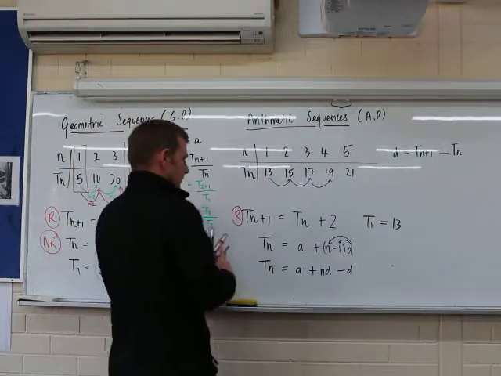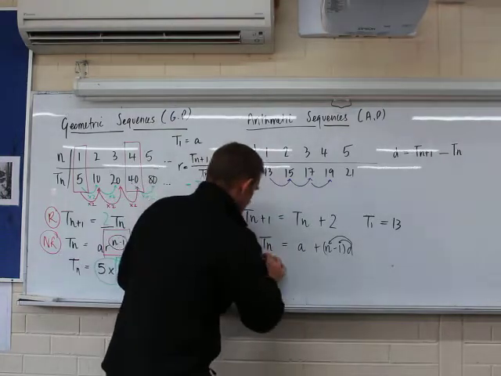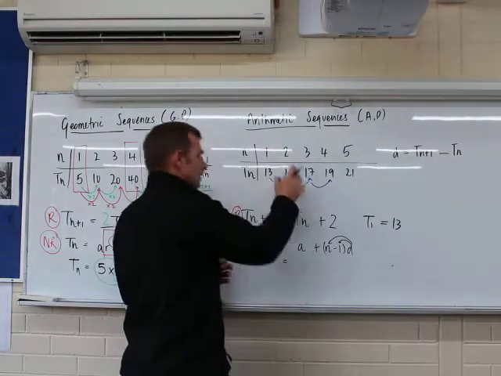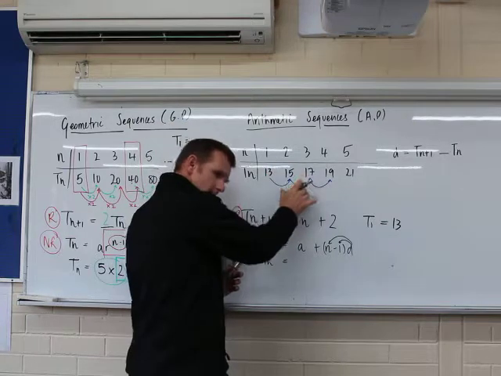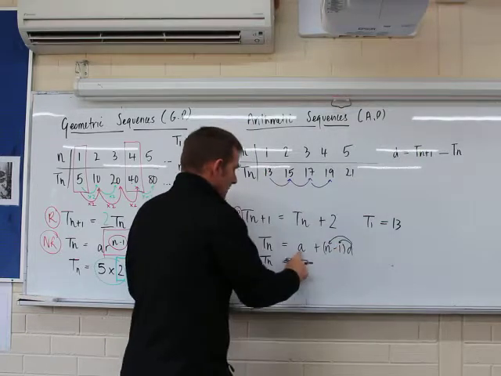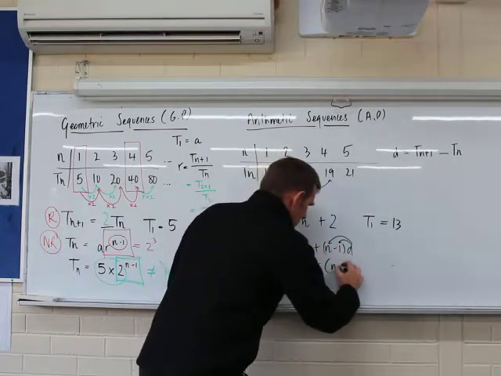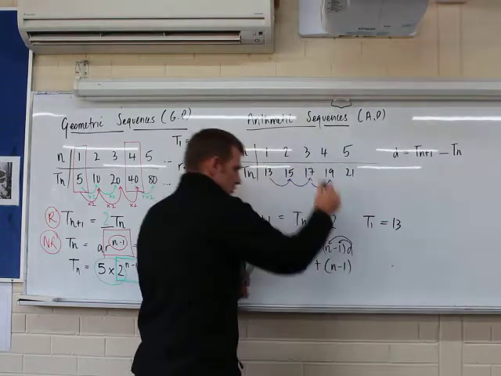So let's do a practical example. I'll squeeze it in here again. So let's do this one. Let's say Tn equals, now I'm going to fill in numbers for A and D. I'm not going to fill in N because I want it to be usable anyway. A is 13 plus N minus 1 times 2 in this case.